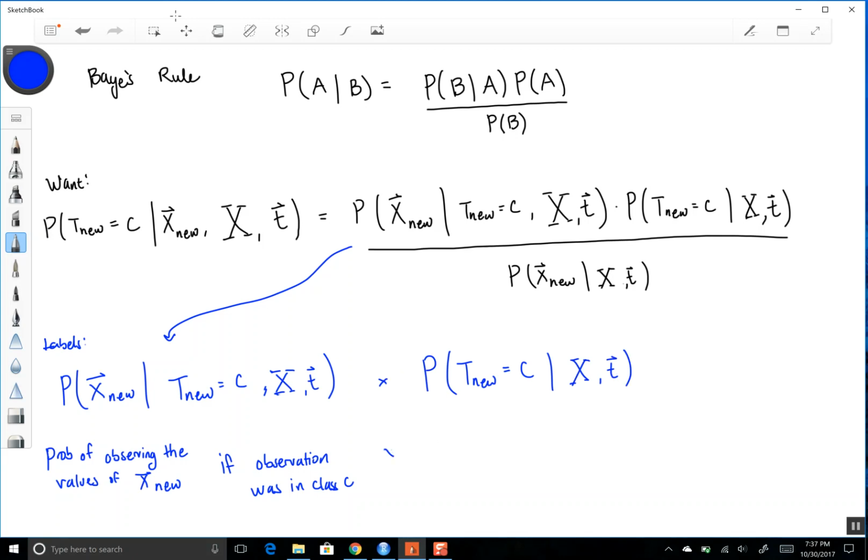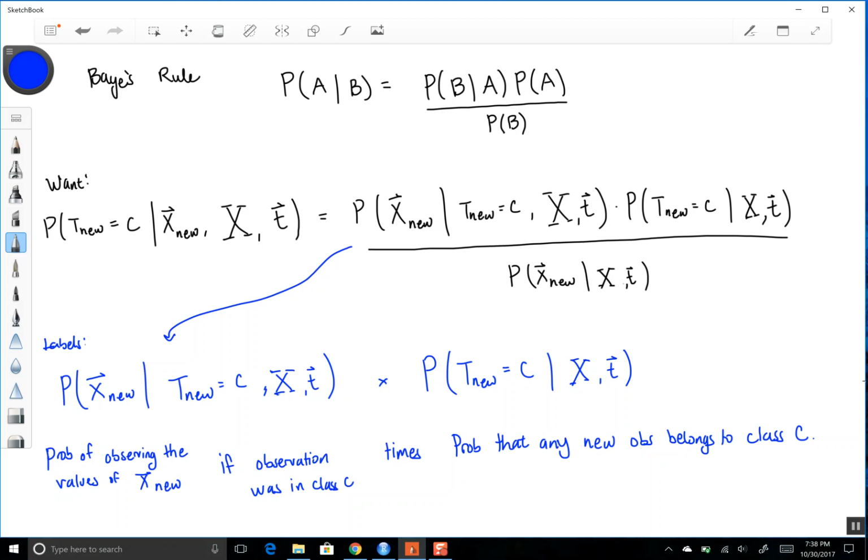Times the probability that just any new observation belongs to class C. Okay, so this is our numerator, and then the denominator.